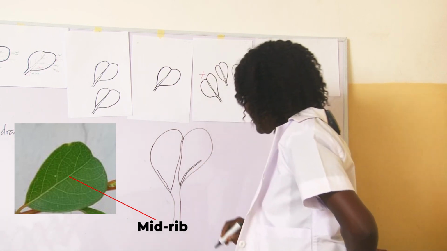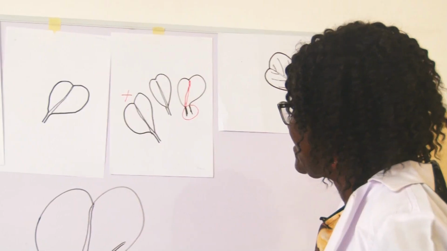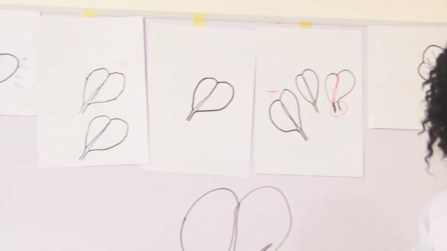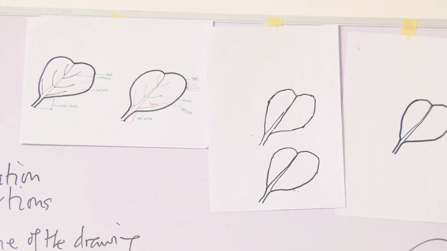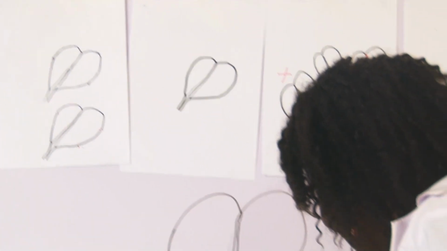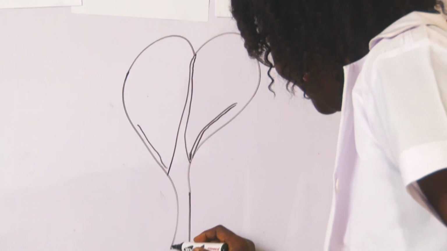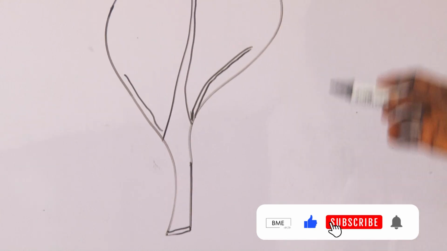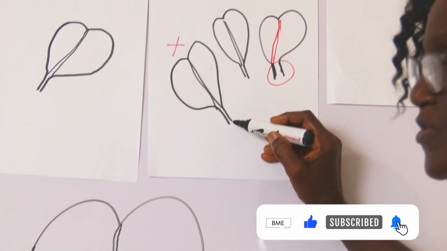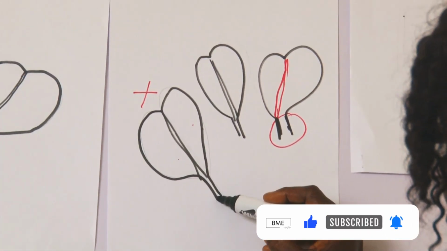So anything that has thickness has double lines. And then cut ends have double lines. This end here, which was cut, should have a double line. So these ends should not be left loose. They should have double lines.